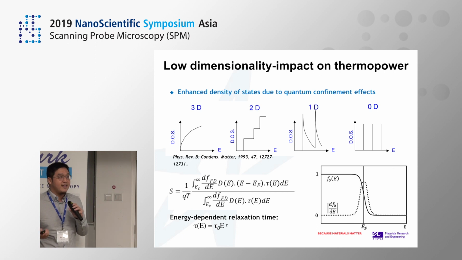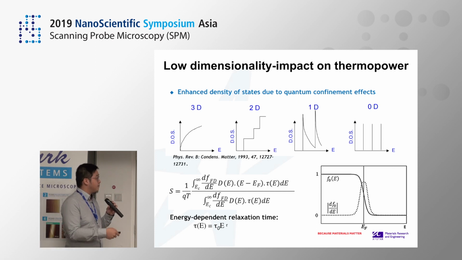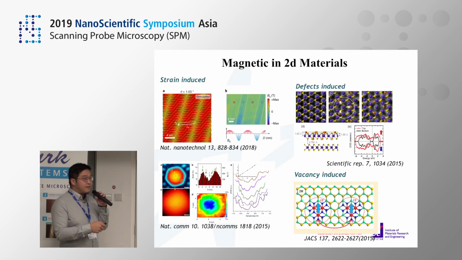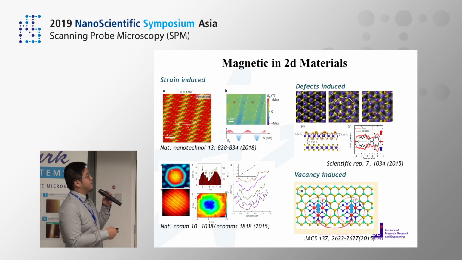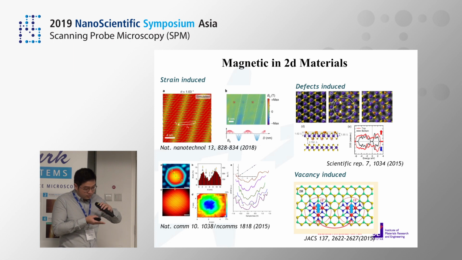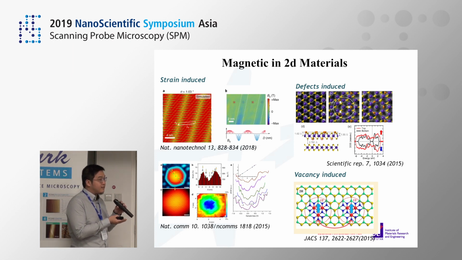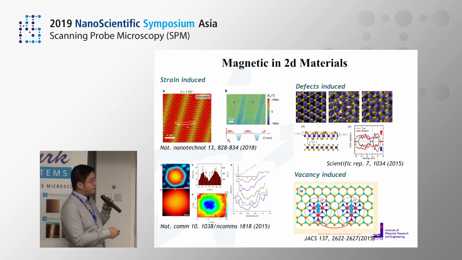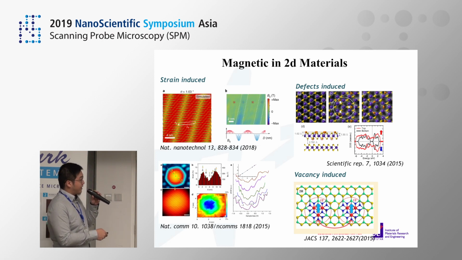For example, magnetism or magnetic effects in materials. People have studied a lot how to induce magnetism in 2D materials. For example, people make heterostructures between different lattices, and the lattice strain will induce a periodic local magnetic field.